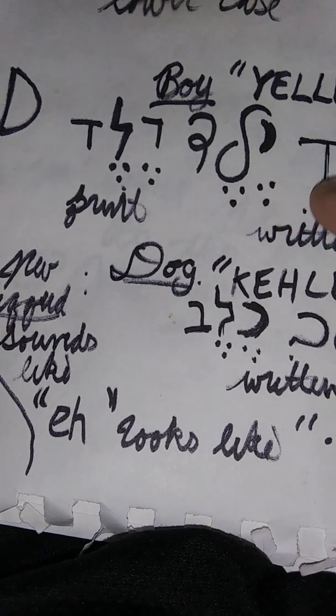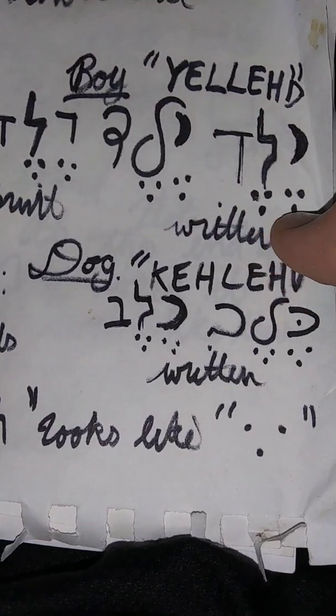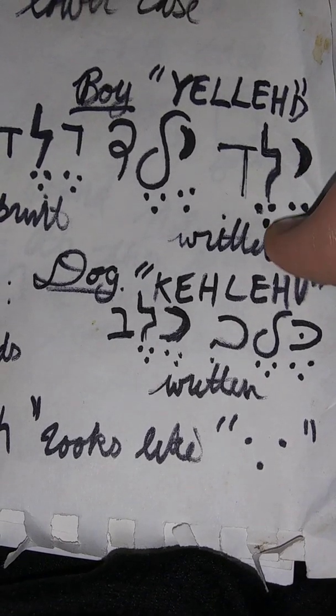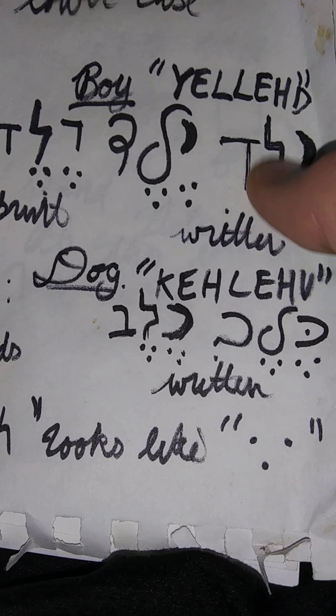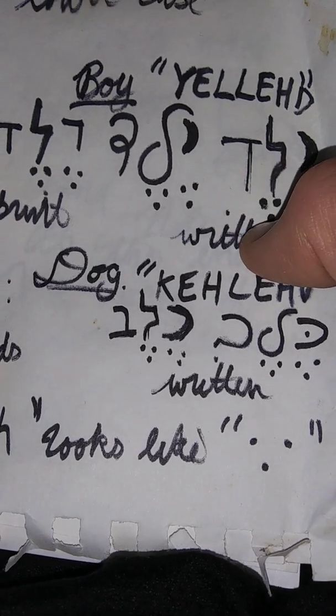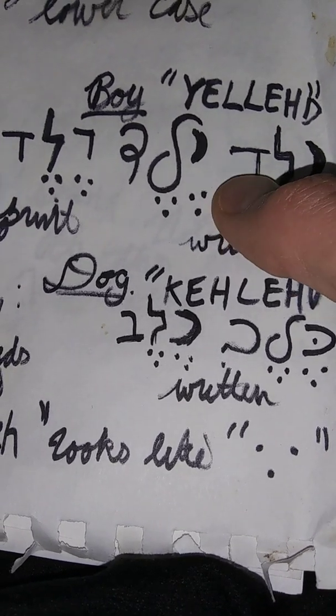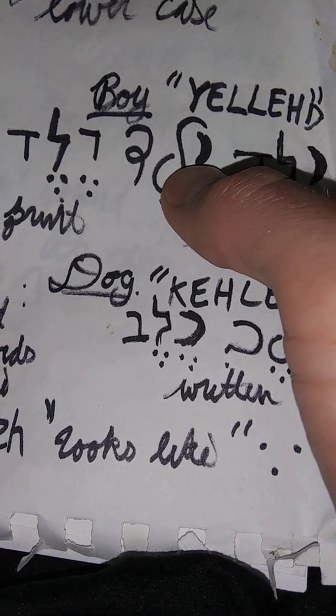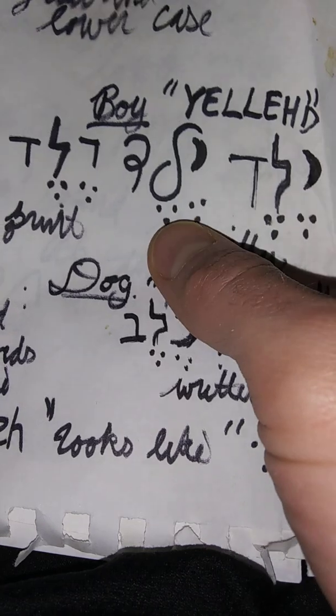See, here's the other. They're written. Here's 2 different ways you could write it. So with the half moon, yo, yel, ed, yeled. See, and this is the easiest version for me to read.